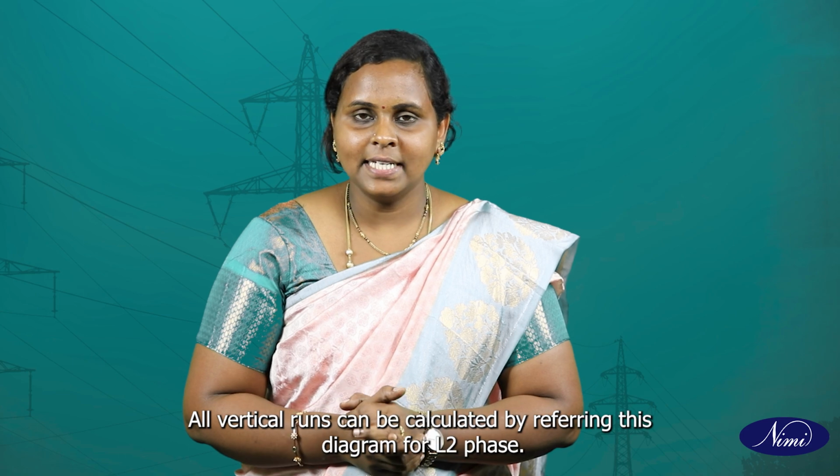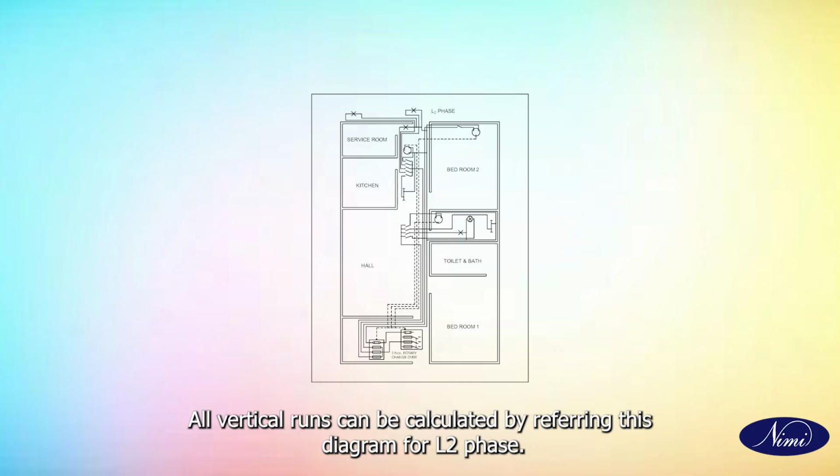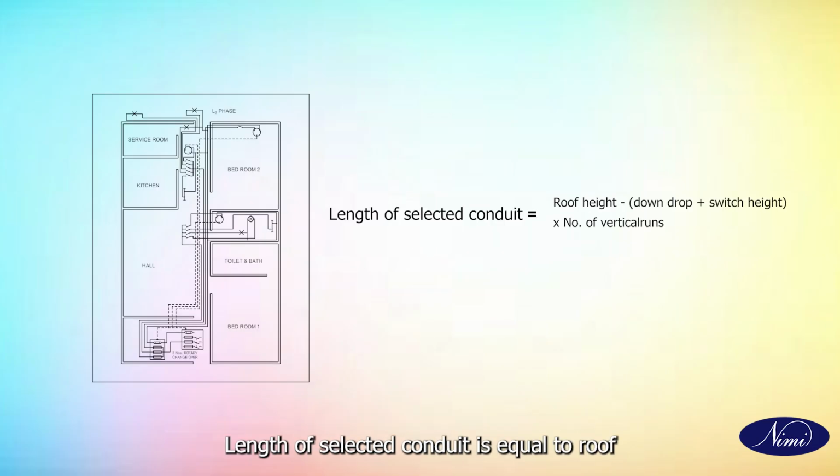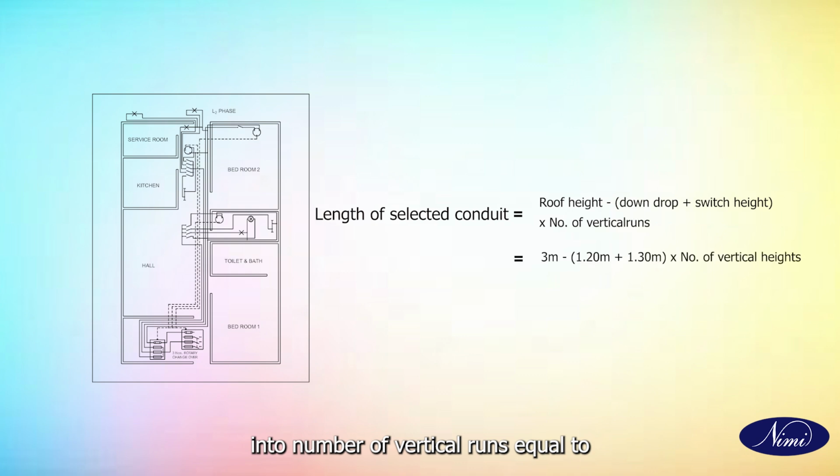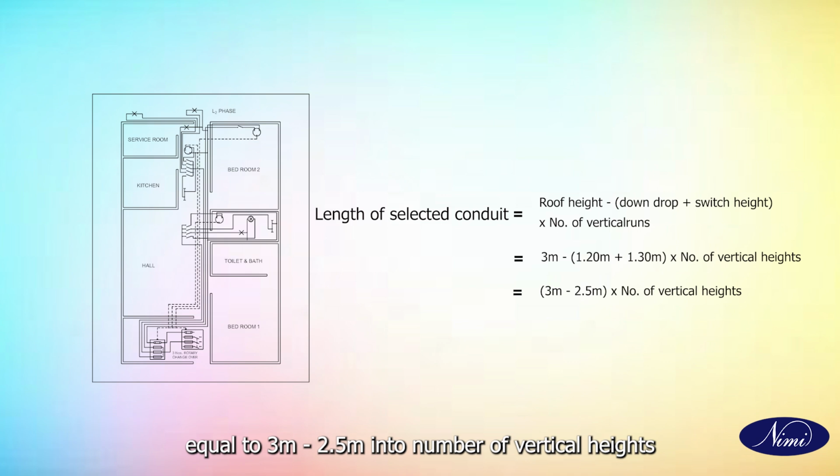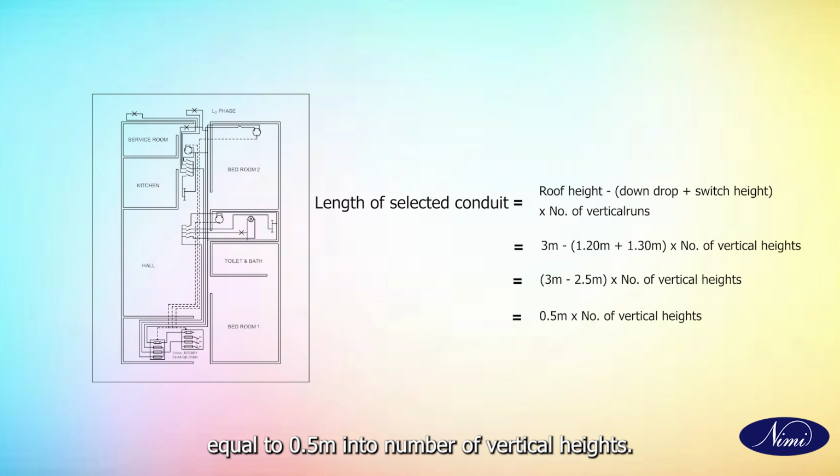Vertical run. All vertical runs can be calculated by referring to this diagram for L2 phase. Length of selected conduit is equal to roof height minus down drop plus switch height into number of vertical runs, equal to 3 meter minus 1.20 meter plus 1.30 meter into number of vertical heights, equal to 3 meter minus 2.5 meter into number of vertical heights, equal to 0.5 meter into number of vertical heights.